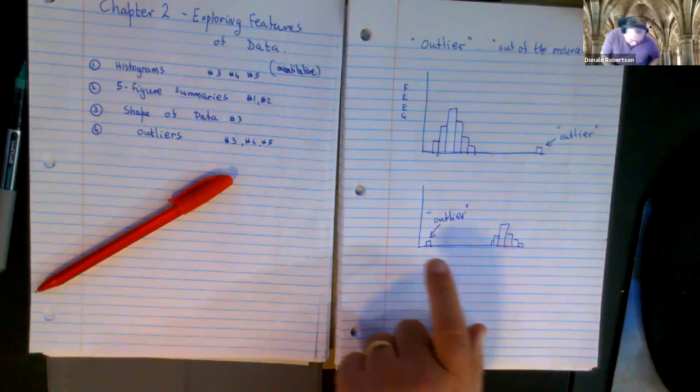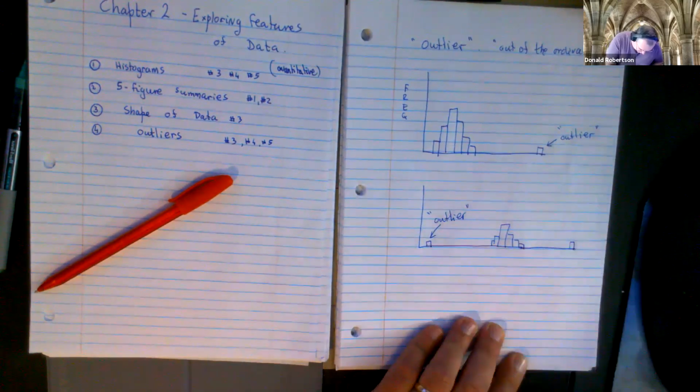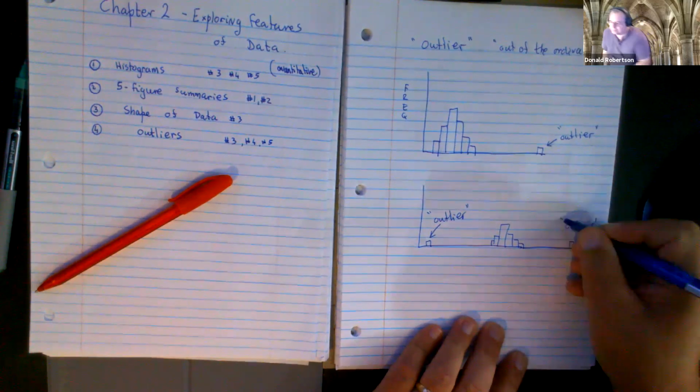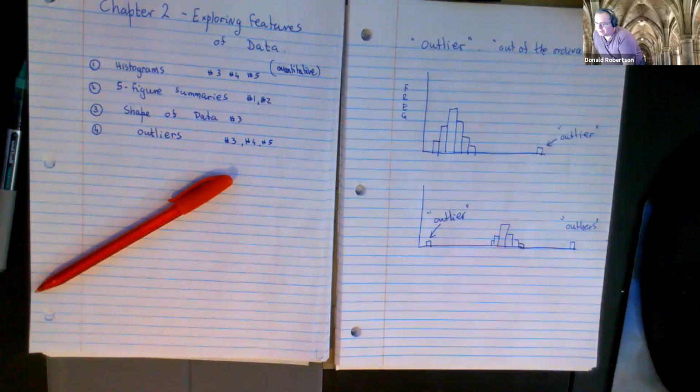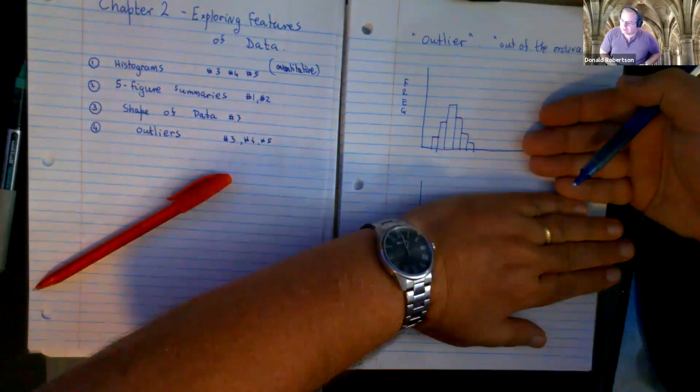Isn't it possible to have two outliers? Can you have a big outlier and a small outlier? No reason why not. Couldn't you have none at all? Suppose that was my data. Wouldn't that just be normal data and nothing special?